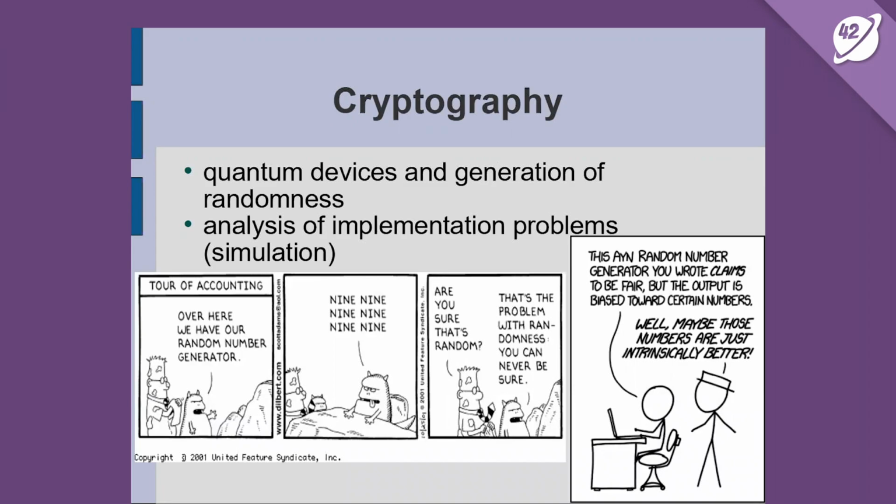One of the really, really important things in cryptography, of course, is randomness. And quantum computers actually can help us there. On the one hand, because they are so subject to noise, we can just use the noise as a source of randomness.